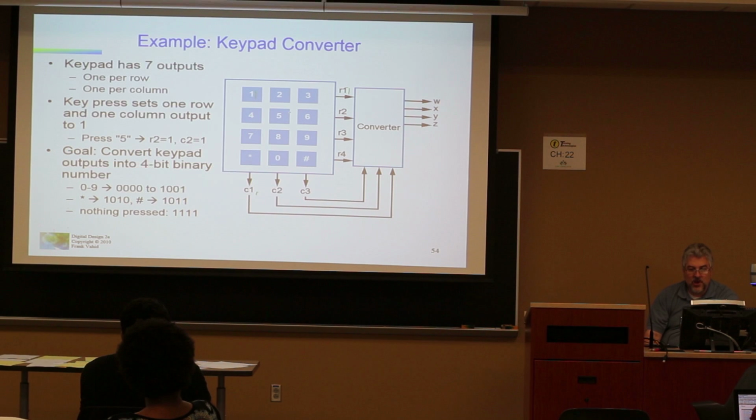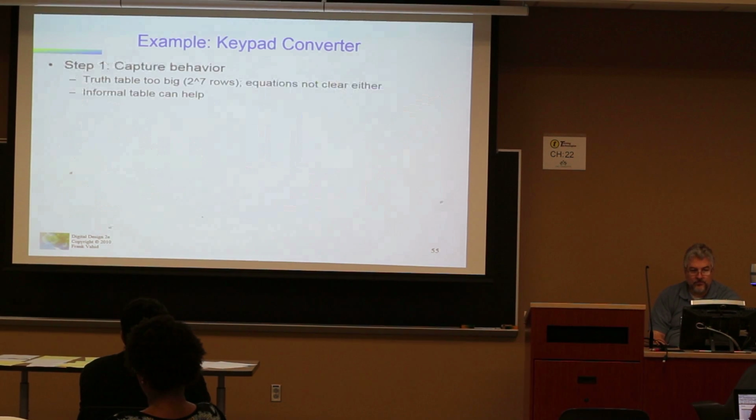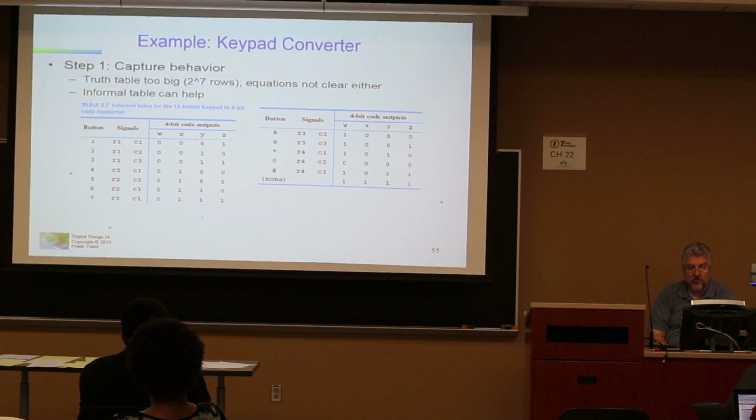So if we have a situation where we have R is 1 and C1 is 1, then we'll display W, X, Y, Z. And then if nothing is pressed, then we'll just output 1, 1, 1. So we're going to capture the behavior. Truth table is big. Equation's not clear. So some sort of informal table will help.